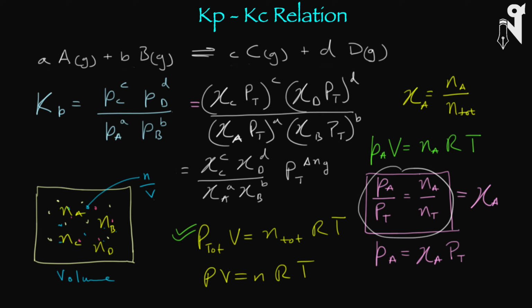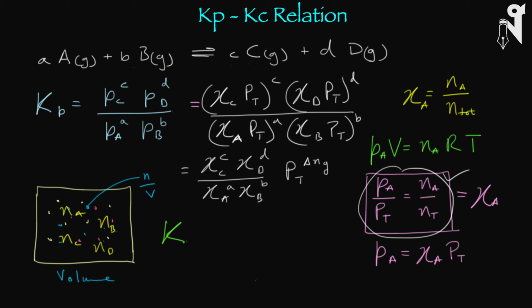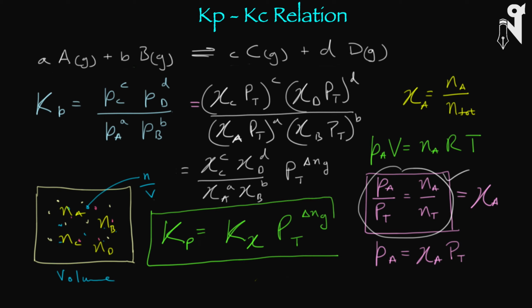So what we ultimately get is your Kp is equal to K mole fraction, K chi, times total pressure whole power delta Ng, a relation which is seldom probed into, hardly used, but since it is quite easy to derive, skipping it would have meant passing over a very easy concept.